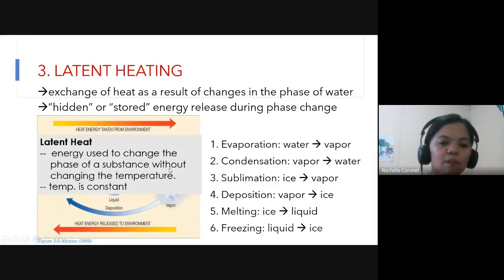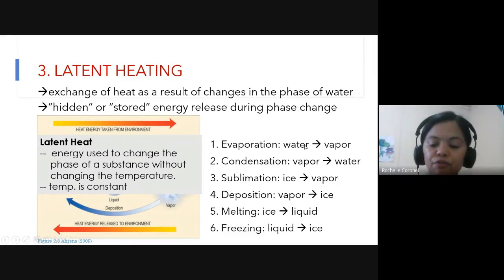Heat is the energy released when there's a difference in temperature between, let's say, two objects, or two mediums, two systems. But for latent heat, it's actually the energy that is used to change the phase, and not to change the temperature.